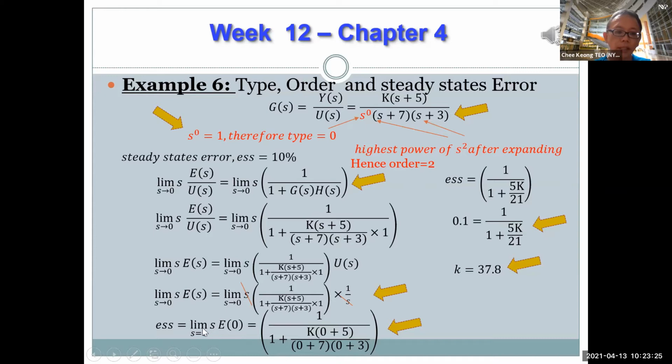Now, if you set s approaching 0, you replace all the s terms by 0. Then you will result in 1 over 1 plus 5k over 21, and we know that the steady state error is given to be 10%. So 10% is 10 over 100, so it's 0.1. With this expression, if you just solve and simplify it, you will get k equals 37.8.